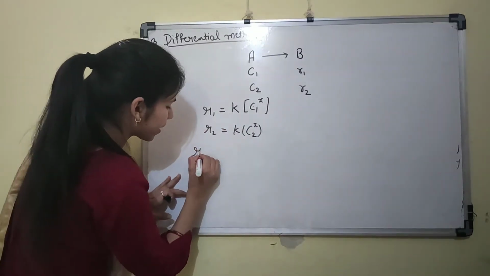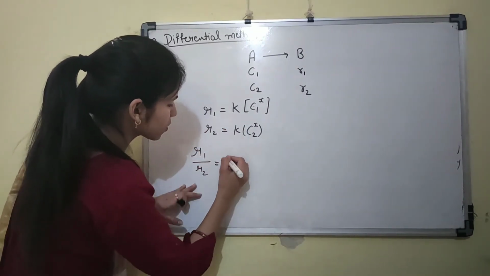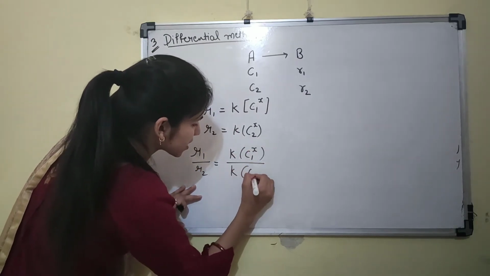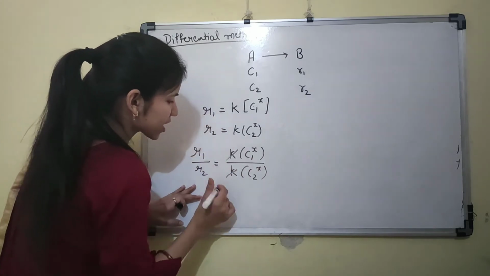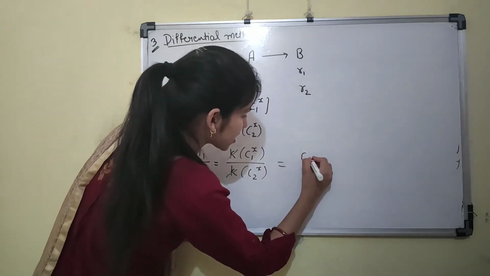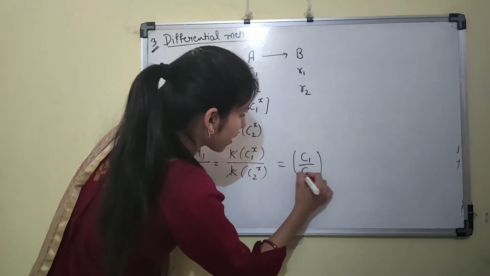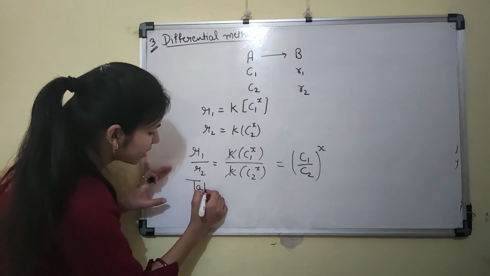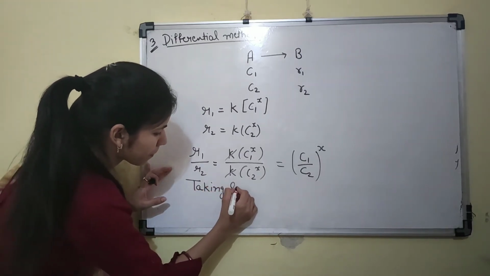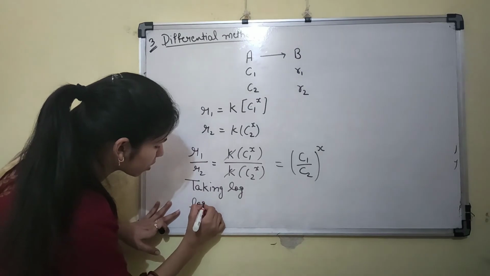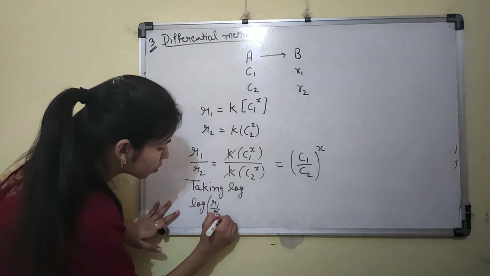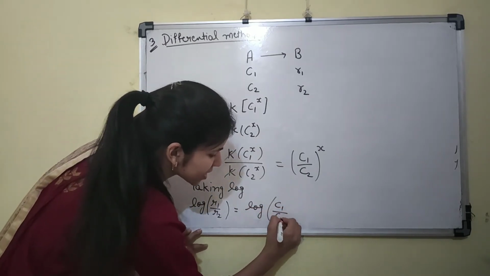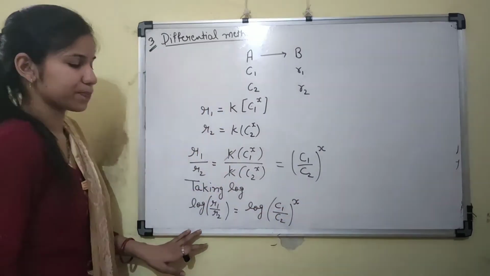Now dividing R1 by R2, it is equal to K C1 to the power x divided by K C2 to the power x. K is cancelled out and C1 by C2 raised to the power x, taking common. Now taking log on both sides, so it is log R1 by R2 is equal to log of C1 by C2 raised to the power x.